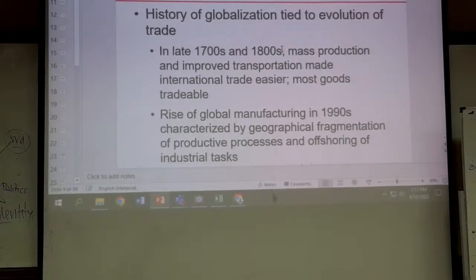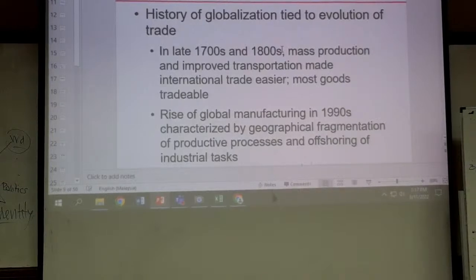Late 70s and 80s, mass production and improved transportation made international trade easier. Most goods are tradable. Rise of global manufacturing in the 1990s, characterized by geographical fragmentation of productive processes and offshoring.